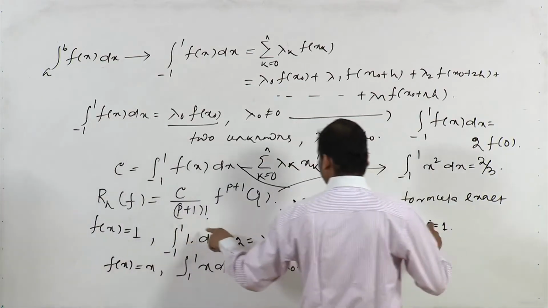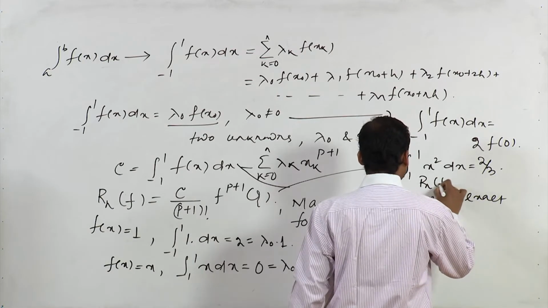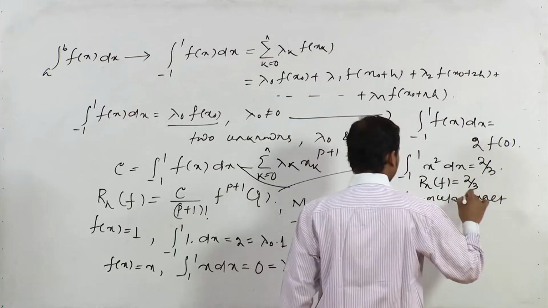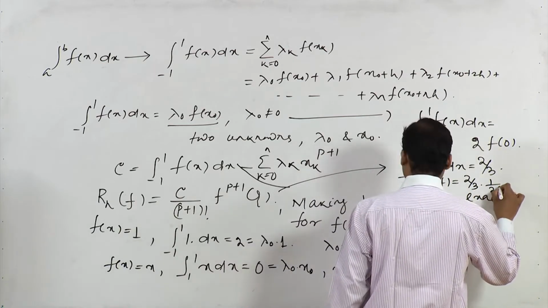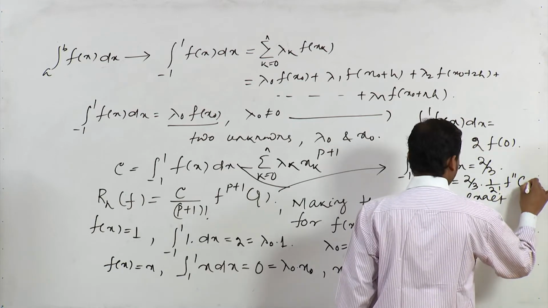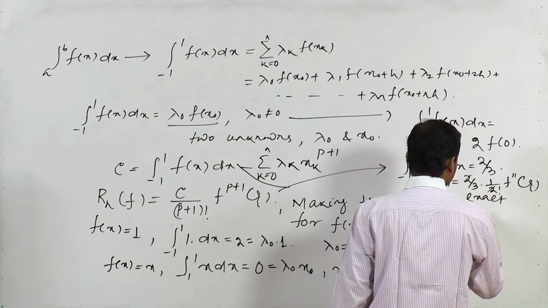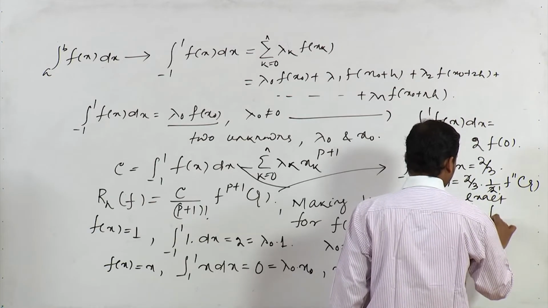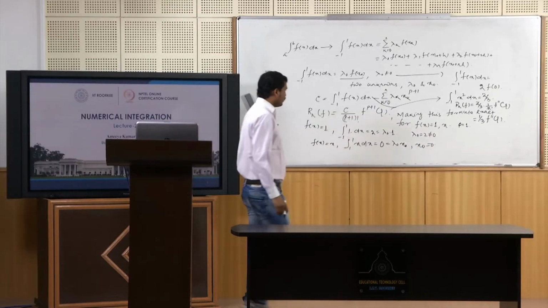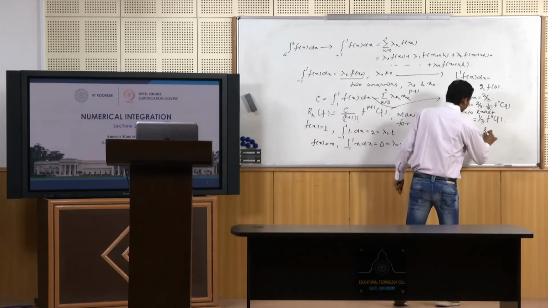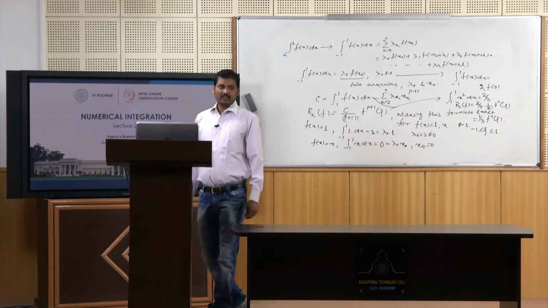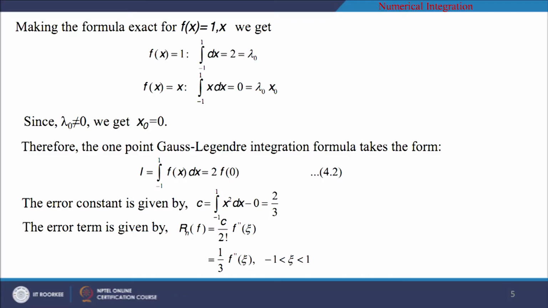So this error term Rn of f can be written as 2 by 3 into 1 by 2 factorial f double dash of zeta. The 2 cancels out, so this can be written as 1 by 3 f double dash of zeta, where zeta lies between minus 1 and 1. So this is the error term for the 1 point Gauss Legendre integration method.